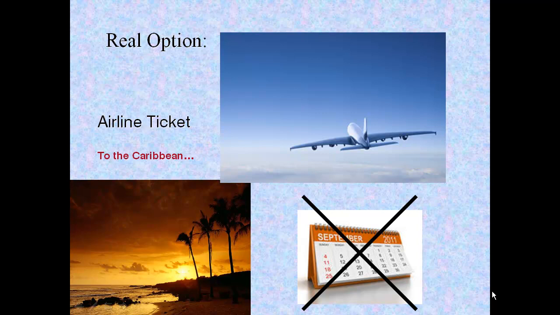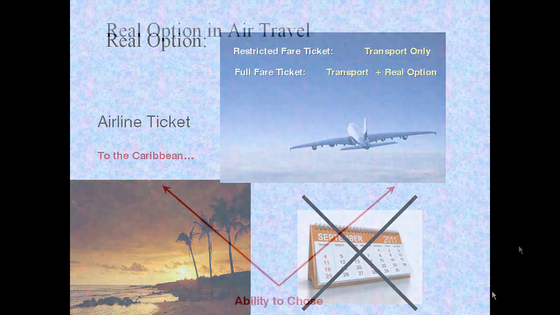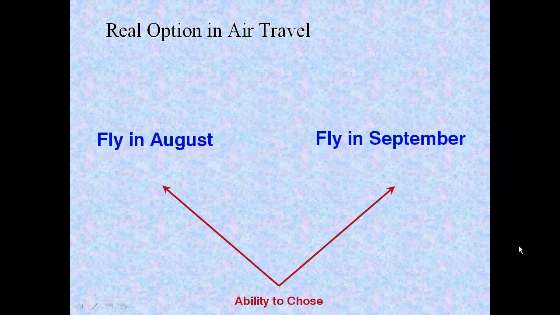Essentially, by buying the restricted ticket, you own transportation, nothing more. But by buying the full fare ticket, you own both transportation and a real option that allows you to change your travel dates or cancel travel altogether. So this is the real option. Choose August travel, September travel, or some other date.